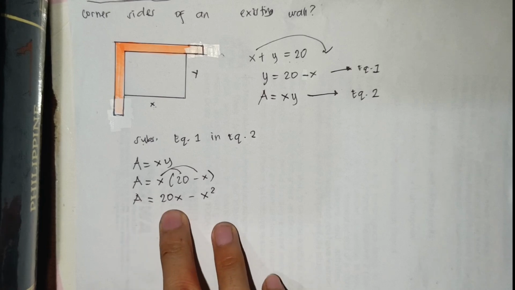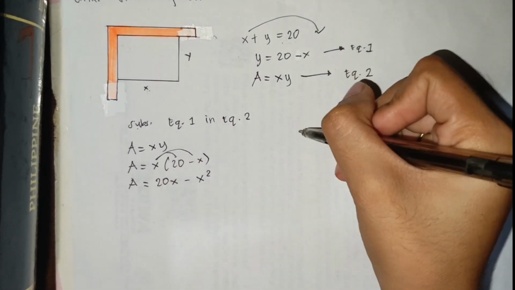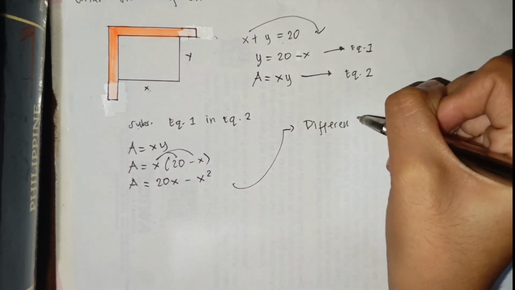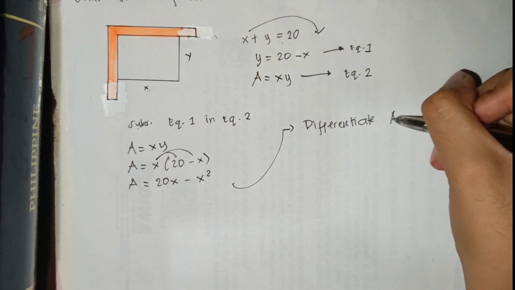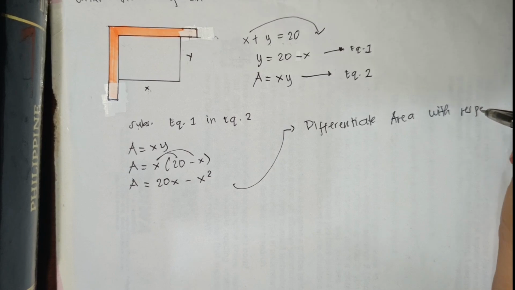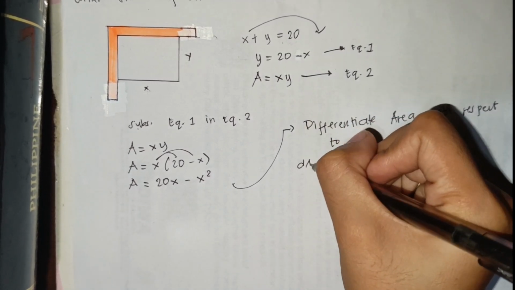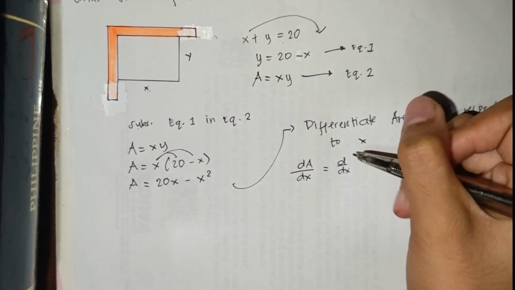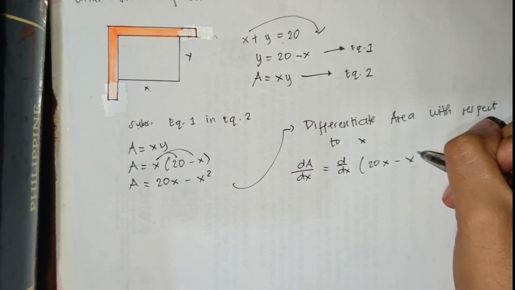Next is differentiate the area with respect to x. So, dA over dx, d/dx of 20x minus x squared.